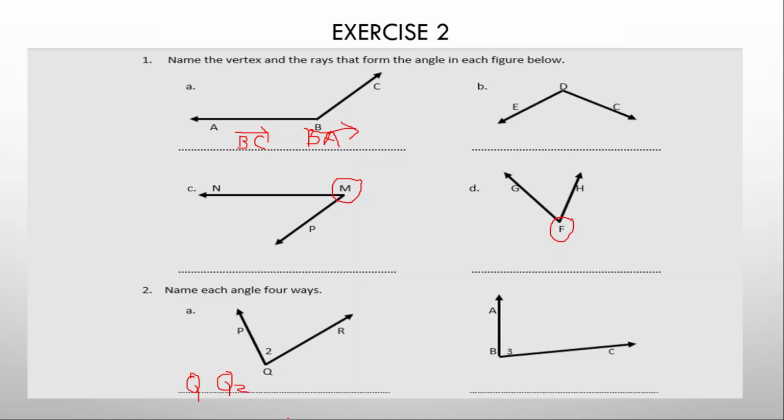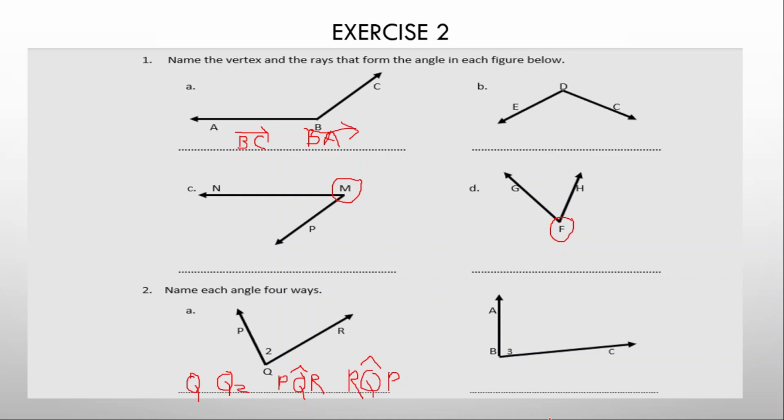Then the next one, PQR. P, Q, and R. And don't forget the symbol on top or next to it. And then the other one, R, Q, and P. And there we have the symbol. Right.